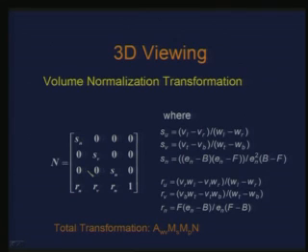That's all I am doing. So, these values Su, Sv and Sn and Ru, Rv and Rn are basically given here, right, derived in a very similar way. So, I get a total transformation which looks like this, from the world to the normalized volume.